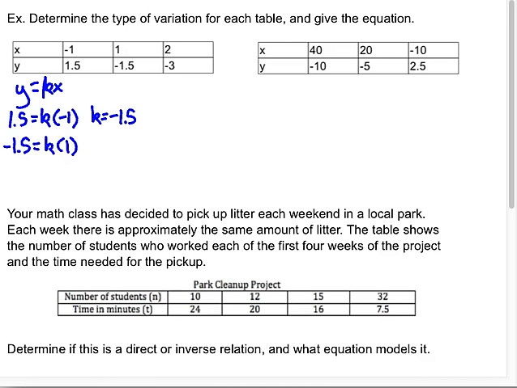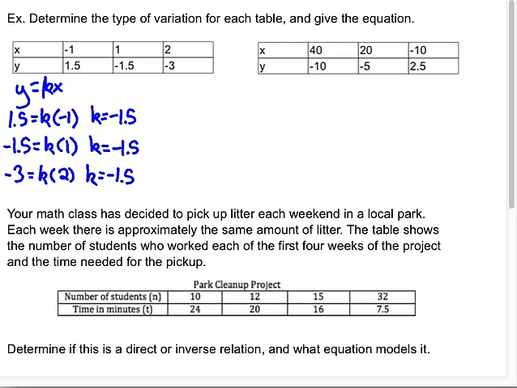Let's try the next pair of x and y. So now divide by 1. I still have the same k, but let's try that last point. -3 and 2. When I divide that 2 off, I got a consistent k value for every one of these.